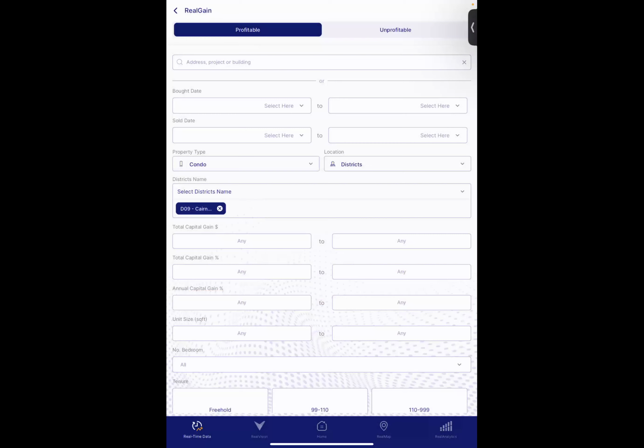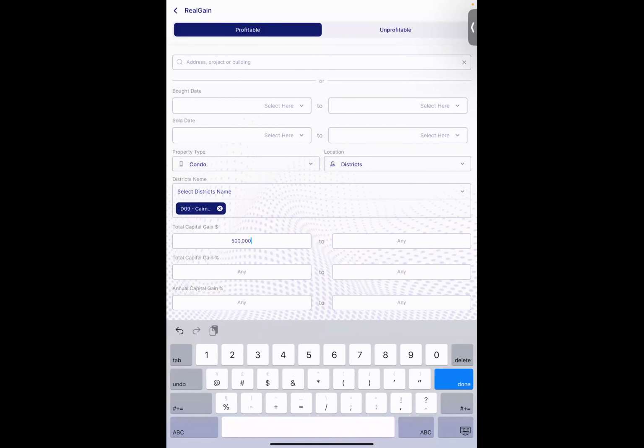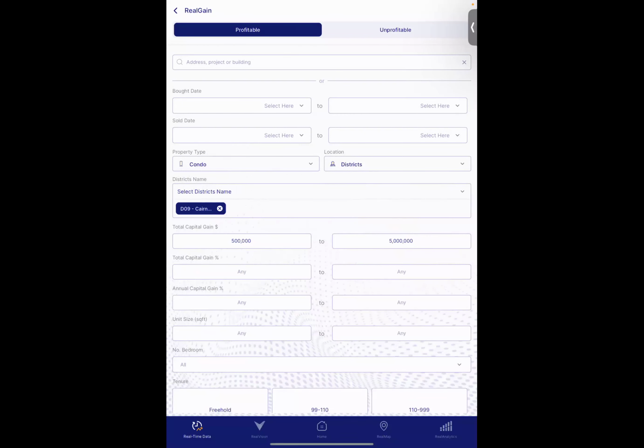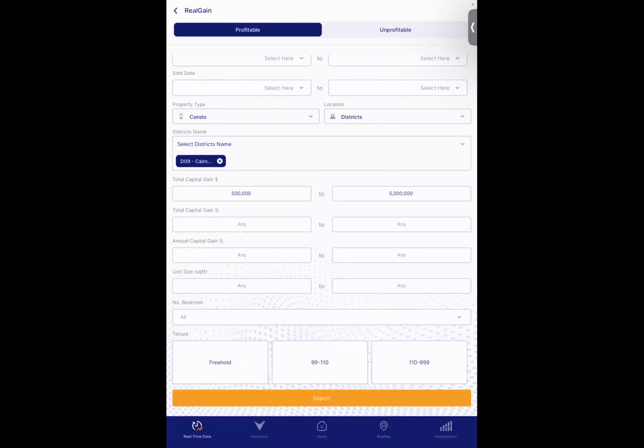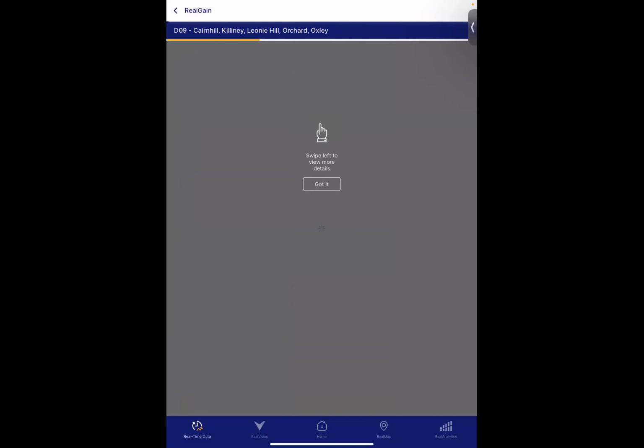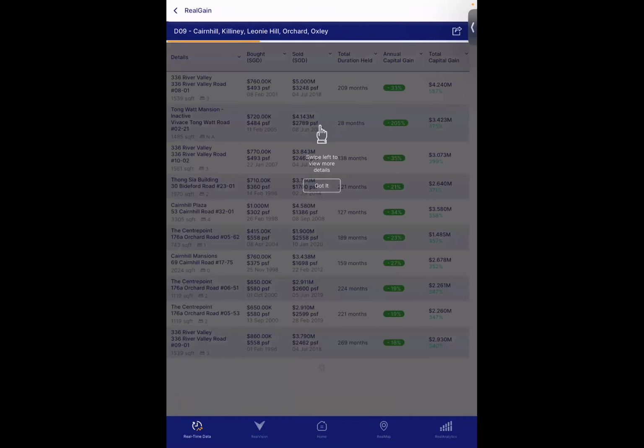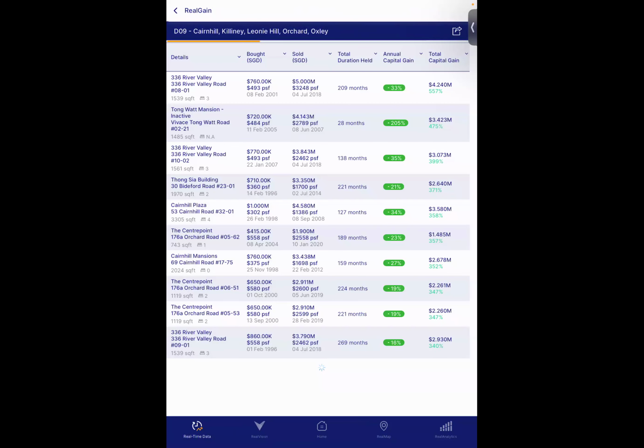Then the total capital gain, minimum 500K, I will put a maximum, otherwise all the en bloc ones also come out. Maybe 5 million. Okay, 500K to 5 million, D9, and then I press search.